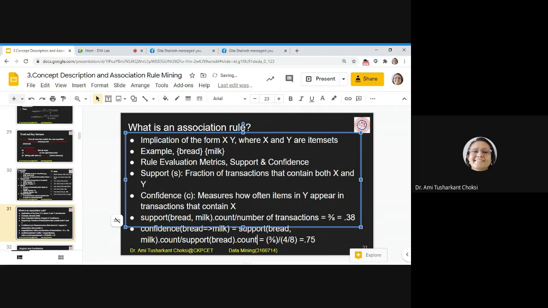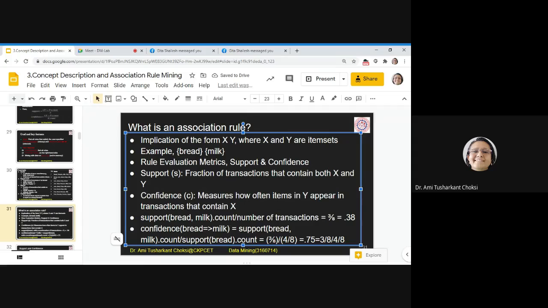Now you can say, ma'am, why did you write it this way? See, for confidence we use support count. If I want to find the support, I need to say support count divided by the number of transactions. So here, suppose for this one I can say 3 divided by 8 upon 4 divided by 8.